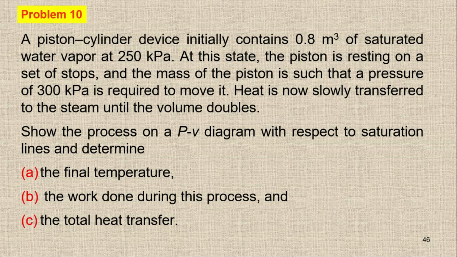At this state, the piston is resting on a set of stops, and the mass of the piston is such that a pressure of 300 kilopascal is required to move it. Now heat is added to the system until the volume doubles.